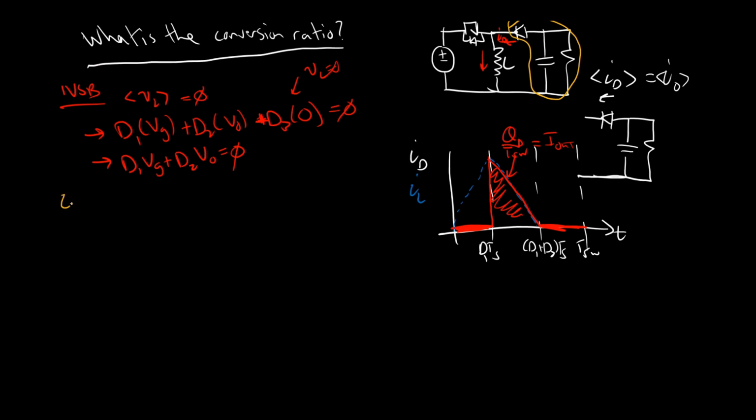The second part is the average ID is equal to the average I out. And we can just say this is I out, which is V out over R load. Great. So what is this average? What is this charge? Well, it's half the base times height. So we have some I peak, and we have this period, which is D2 Ts. So we have to find I peak.